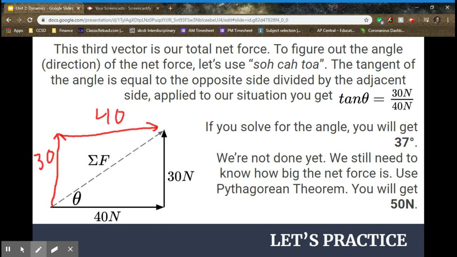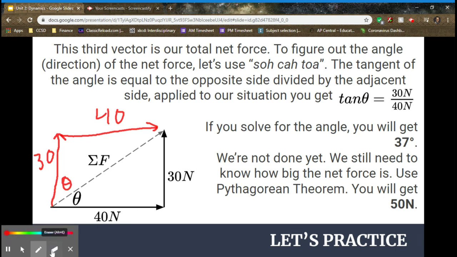In which case, our angle would have been right here. Now, if you did this, then you would have had tangent theta of 40 newtons over 30 newtons. And if you recall, I believe it was 53 degrees was the other answer. So you could have done it that way and gotten an answer of 53 degrees.